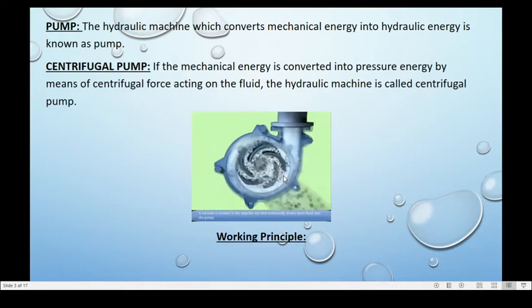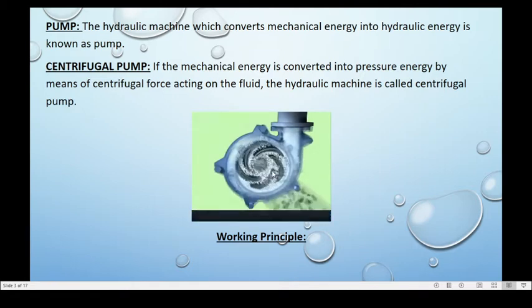So here the water is rotated by the impeller, and the impeller is rotated by the shaft which is connected to the electric motor. So when a certain mass of liquid is rotated by means of an external torque, a rise in pressure takes place.